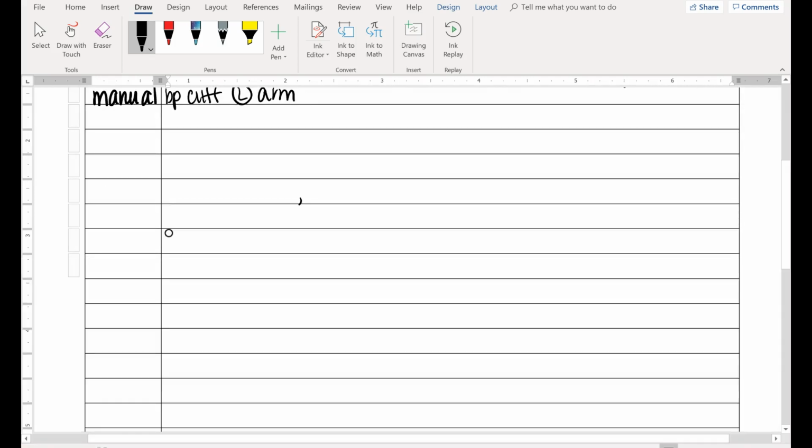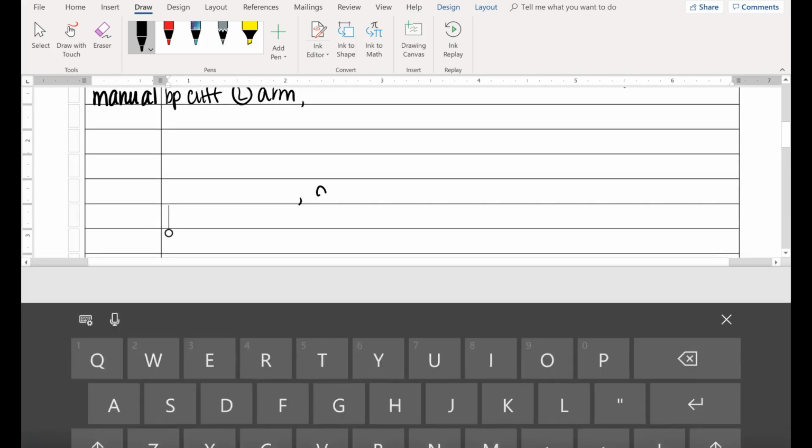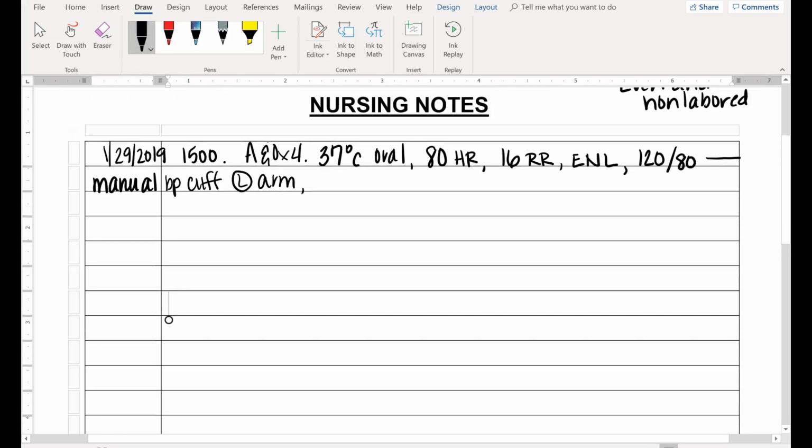Okay, your patient's pulse ox is 96%. SpO2 on room air, okay, RA is room air.